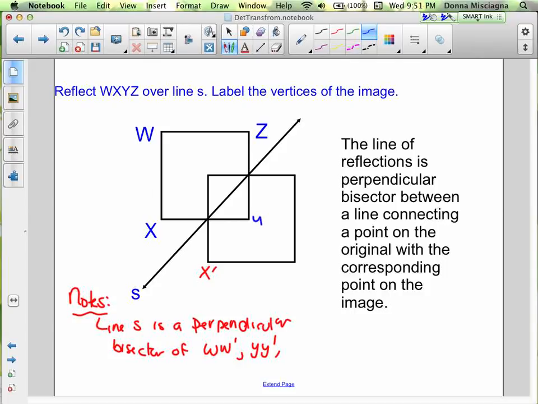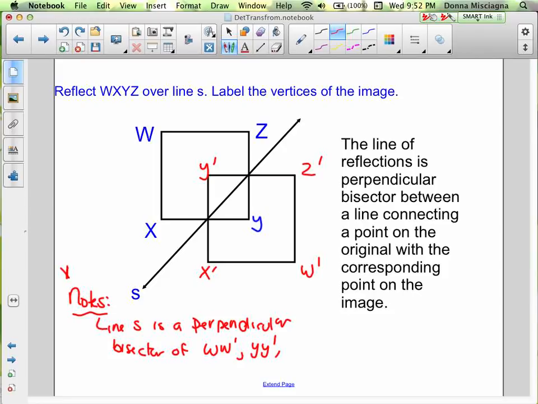So this is Y. So notice it's on the other side of the line of reflection. And so when we reflect, Y prime is going to be located there. W prime is going to be located here across the figure, and then Z prime would be located there. Right? So notice they keep those same distances from the line of reflection.